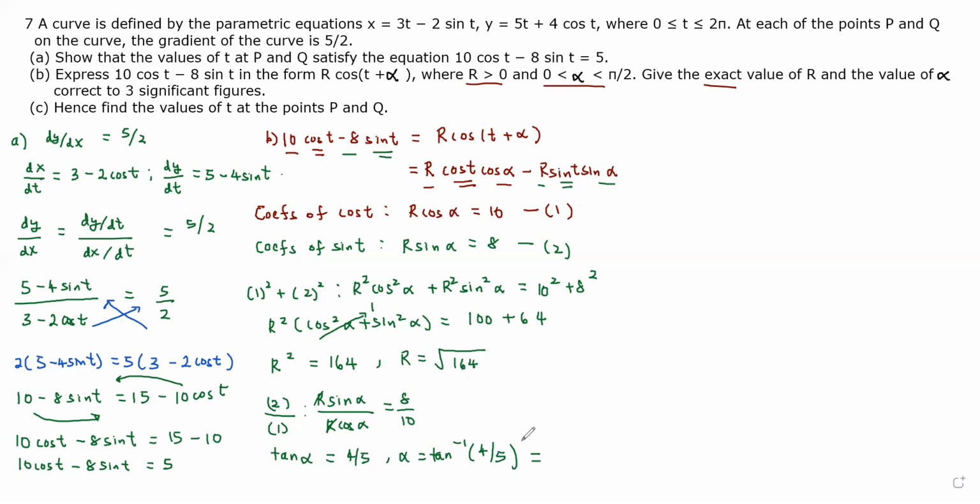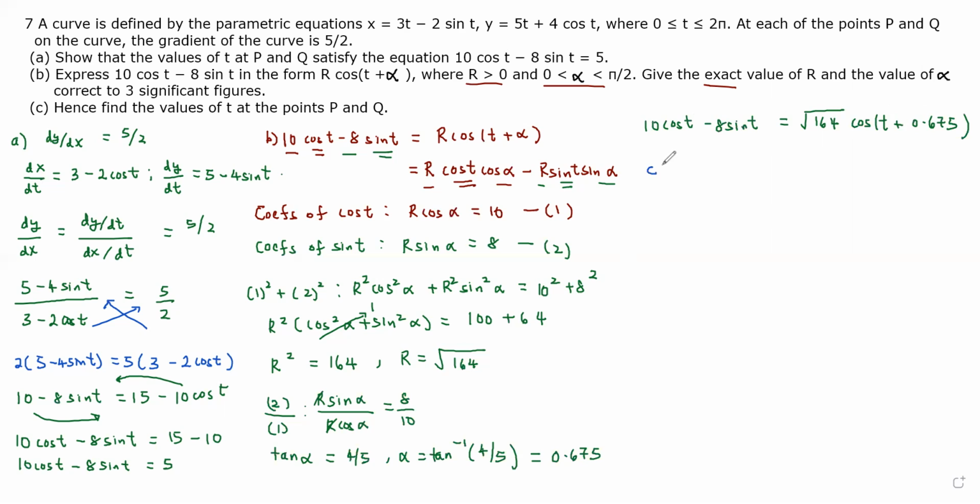Make sure that your calculator is in radian mode. To three significant figures, that is 0.675. We can say that 10 cos t minus 8 sine t is square root of 164 cos(t plus 0.675).